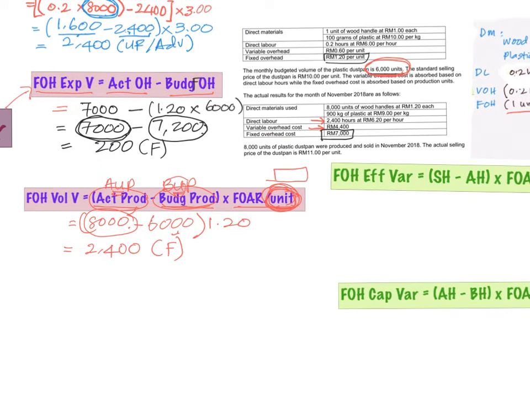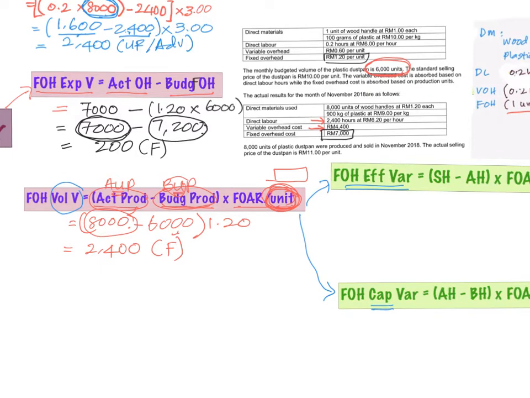Okay, now I want you to see that for fixed overhead volume variance here, we actually have two other types of variance under it. That is fixed overhead efficiency variance and also fixed overhead capacity variance.